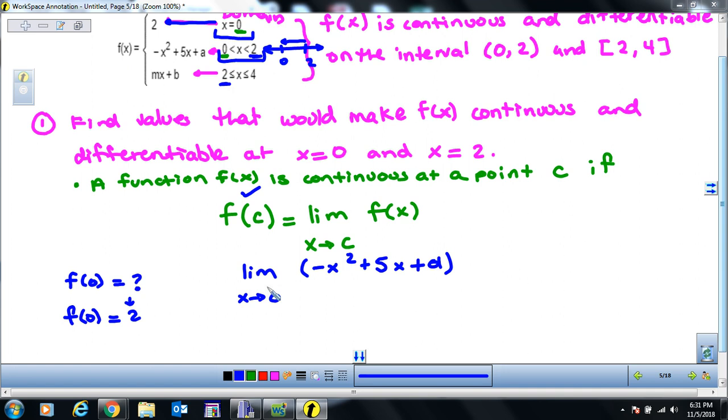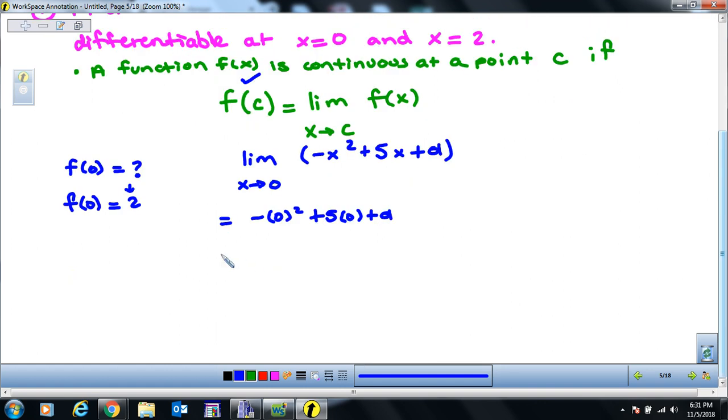Whatever it's for the one-sided limit, it's going to be for both sides. So then here, I'm going to do it by substitution. Negative 0 squared plus 5 times 0 plus 8. So then, out of all this, you're going to get 8.